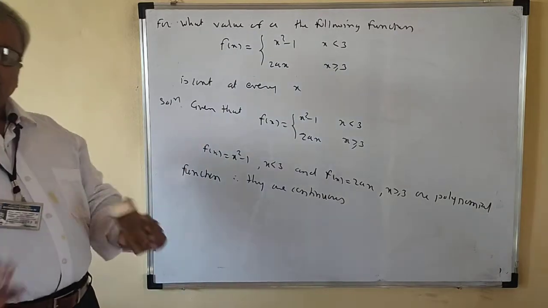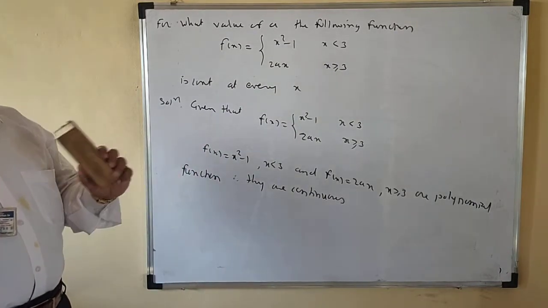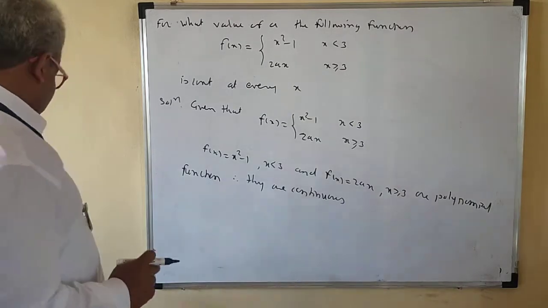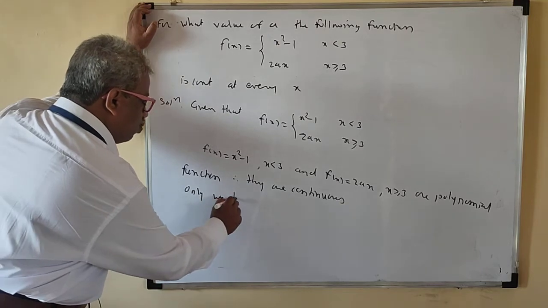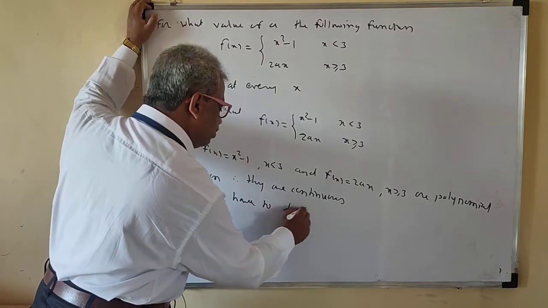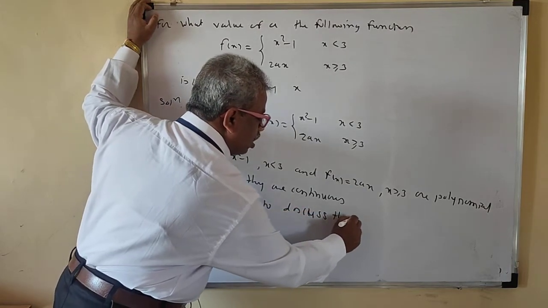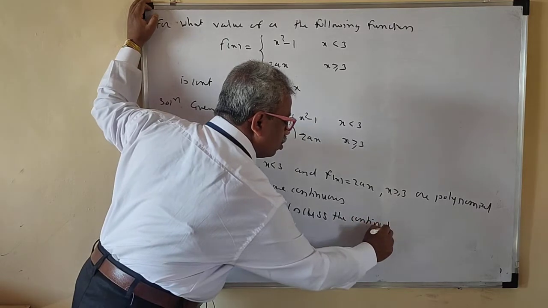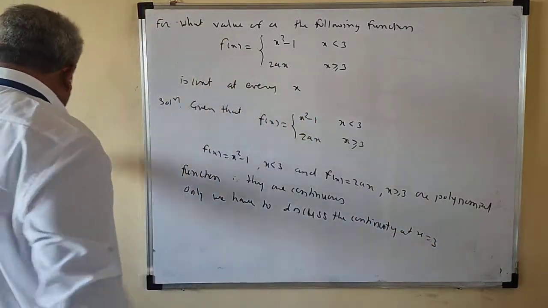So if x is less than 3, the function is continuous. If x is greater than or equal to 3, the function is continuous. Only what we have to do is discuss the continuity at x is equal to 3.